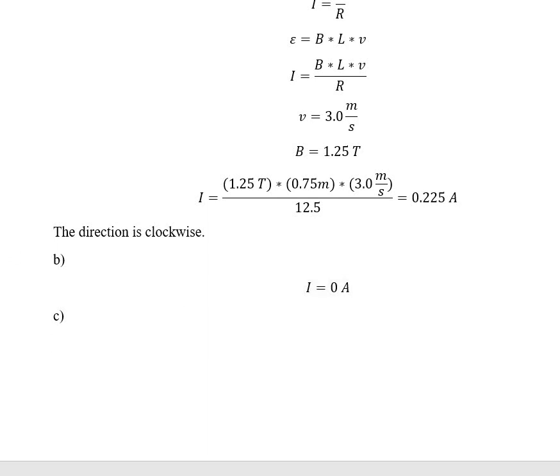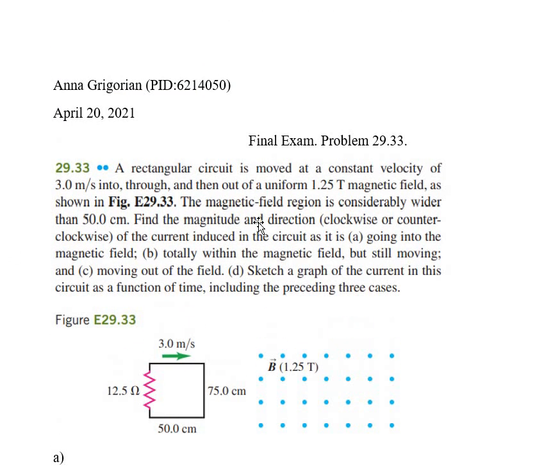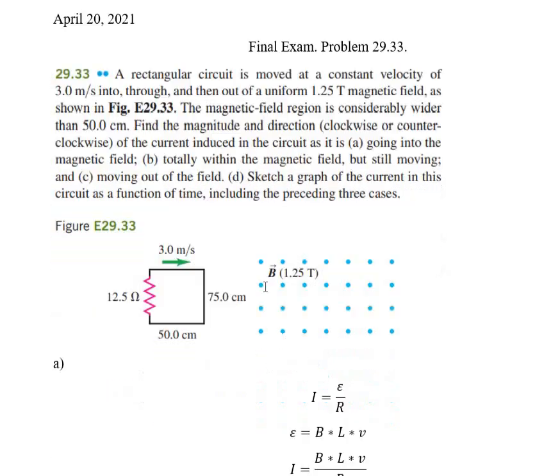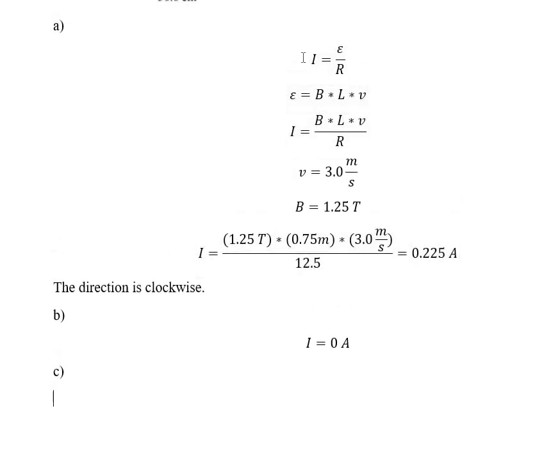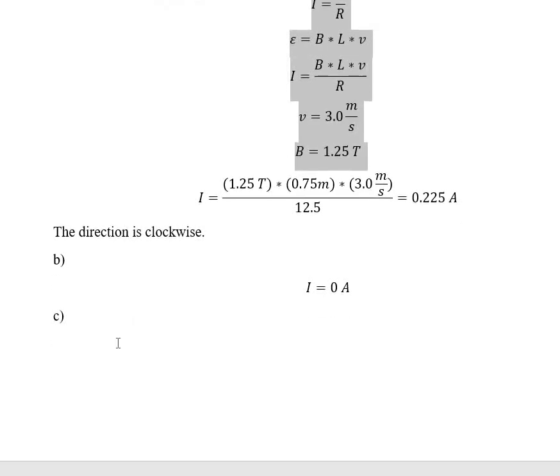Moving to part C, we have to find also the magnitude and direction of the current, but it's moving out of the field. So basically we can use the same formulas and the same given information from the problem.